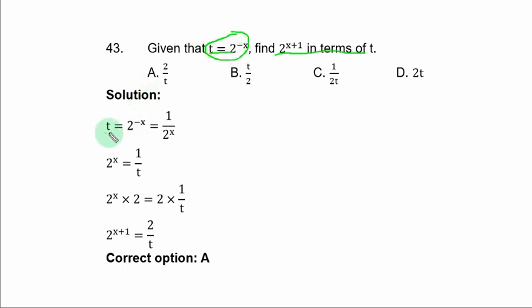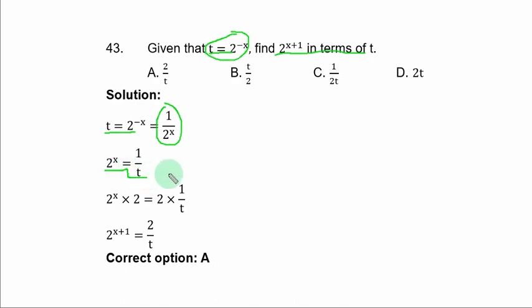So T equals 2 to the power of minus S. In negative index form, you have 1 over 2 power S to eliminate the minus sign. Now let us make S the subject, because we are looking for S in terms of T. So 2 power S is simply equal to 1 over T.